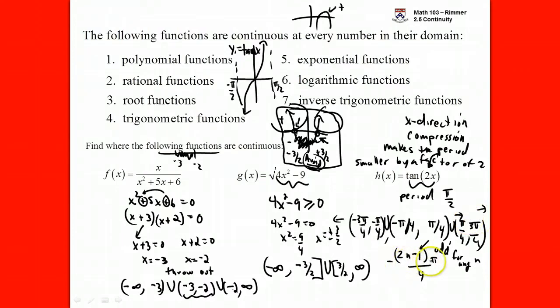So any odd multiple of pi over 4 would be how I could say that. Any odd pi over 4, and then add or subtract the period. I don't know the best way to say this. This is bad, what I'm saying here. I can't half do it. I need to do the whole thing. I can't half make an interval.